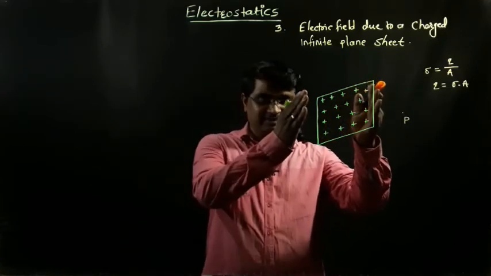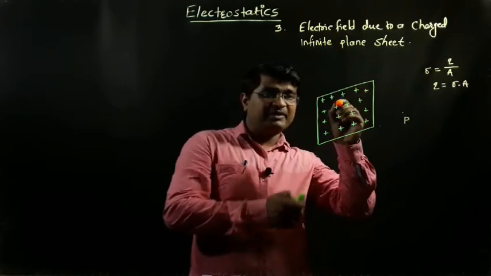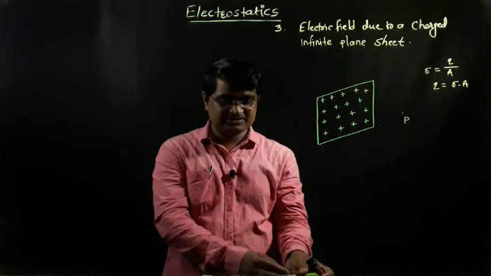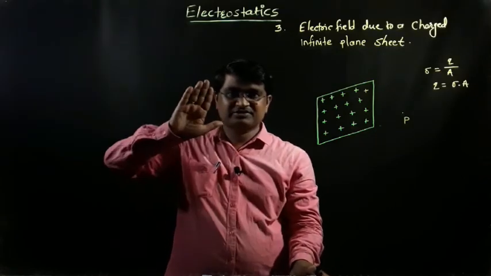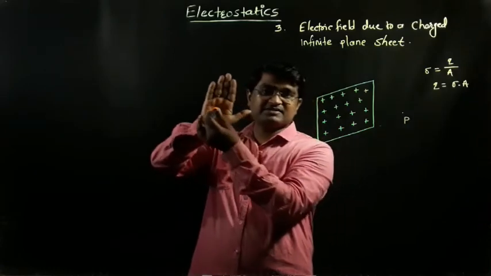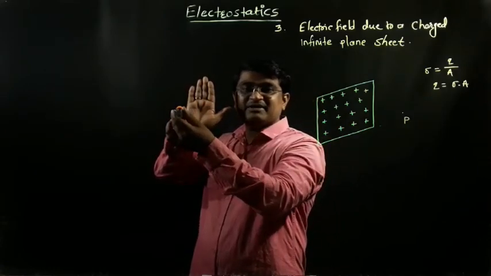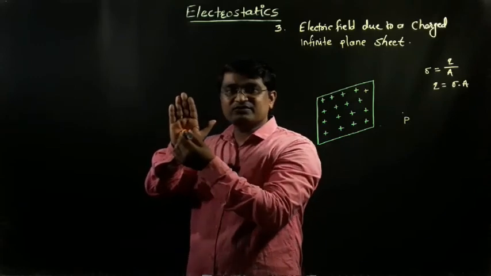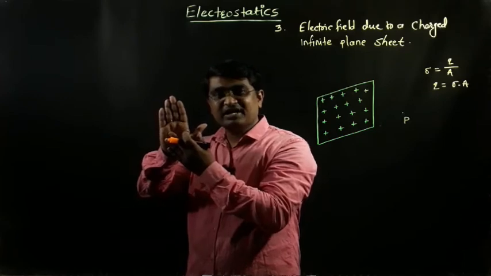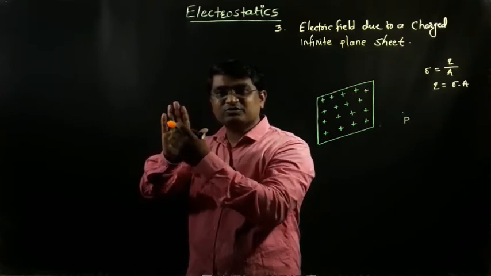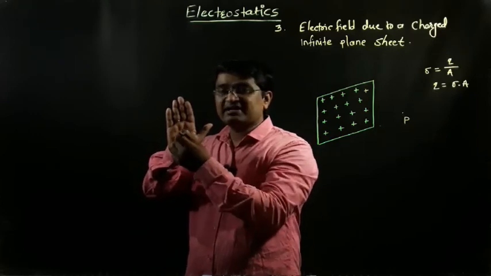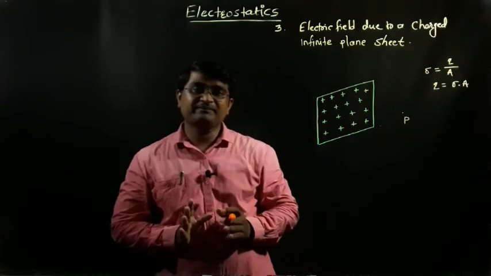Imagine that this is a plane sheet, and this electric field is generated exactly perpendicular to it, because the total positive charge is deposited on the surface of the plane sheet. When the positive charges are deposited, positive charge always moves in the outward direction towards negative charge. It means that the electric field develops perpendicular to the plane sheet.